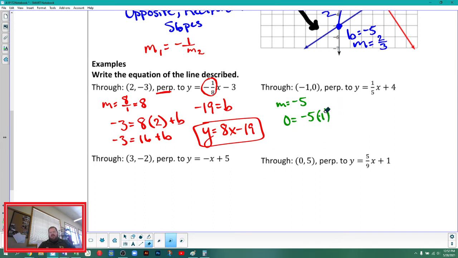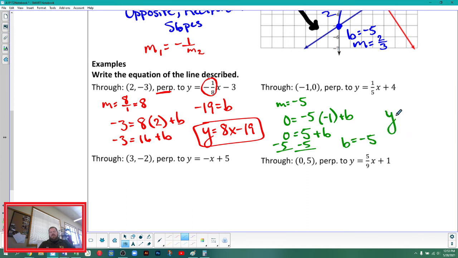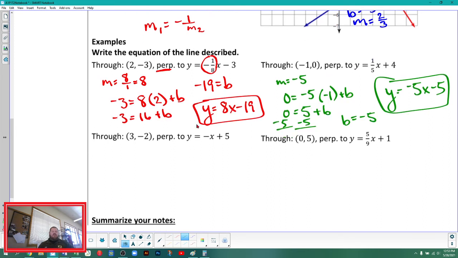I'm going to rewrite that, my slope times negative 1 plus b. So I have 0 equals negative 5 times negative 1, which is positive 5, plus b. If I subtract 5 from both sides, I get that b is equal to negative 5. So my new equation is y equals negative 5x minus 5. It's kind of funny when those both end up working out.